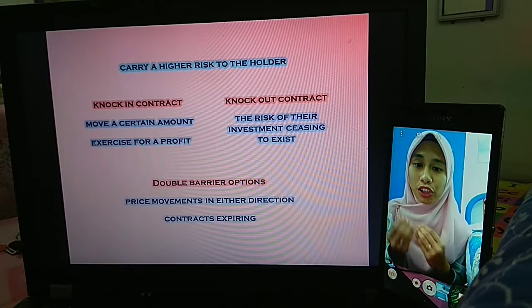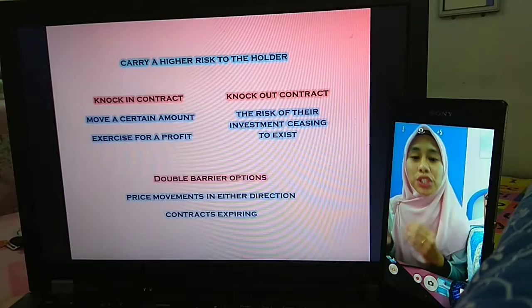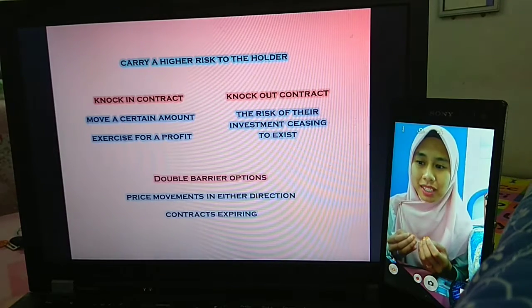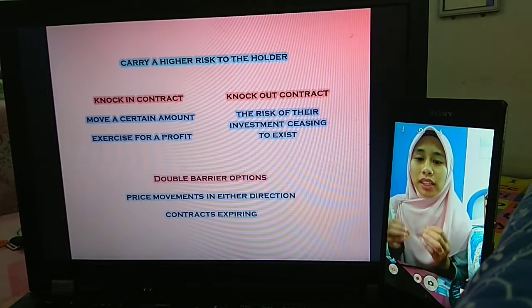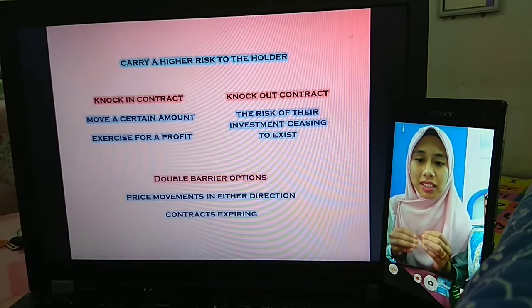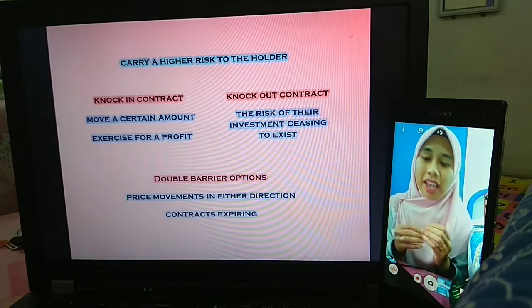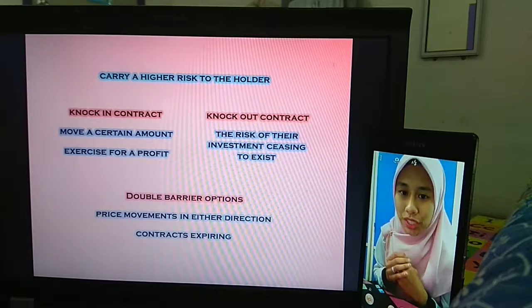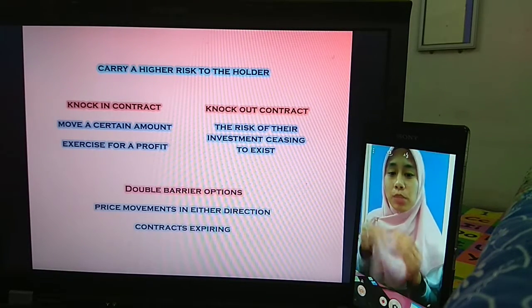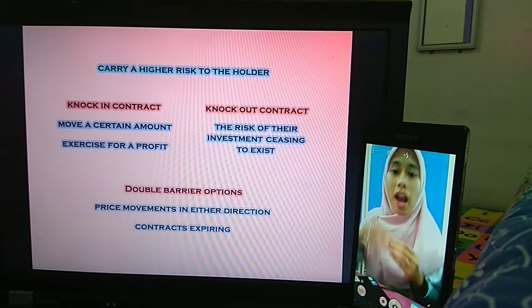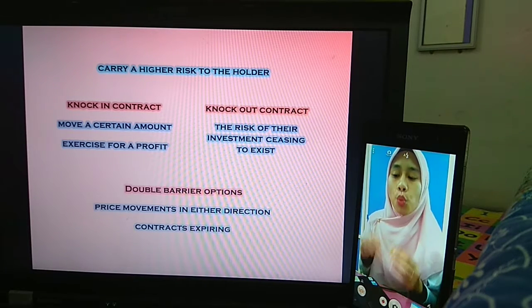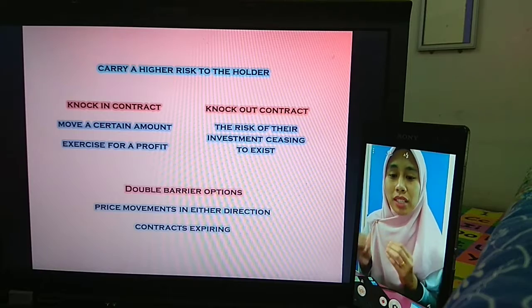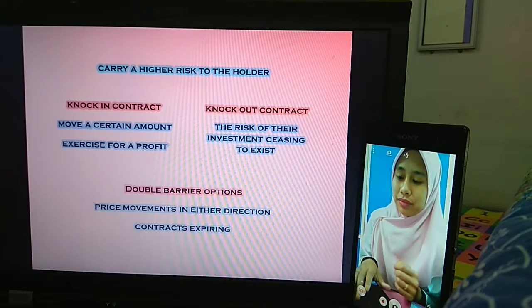Whereas for a knockout contract, the holder faces the risk of their investment ceasing to exist when the underlying asset moves significantly and hits the knockout price. For a double barrier option, the underlying asset's price can move either way, up or down, which may result in the contract expiring.